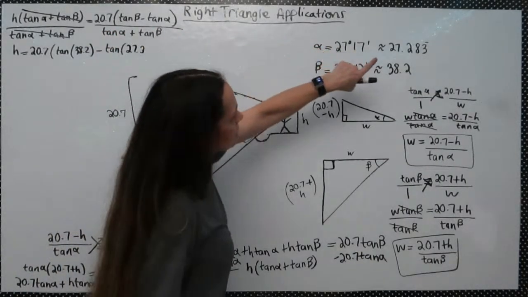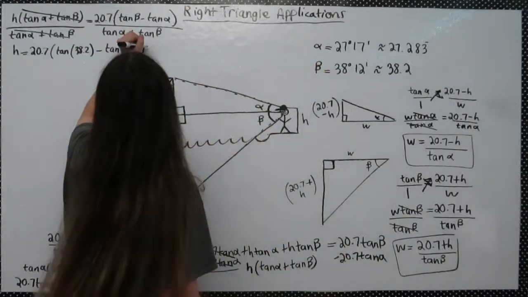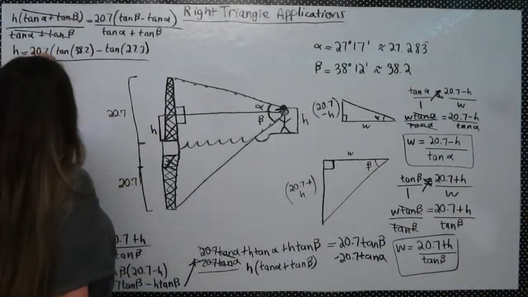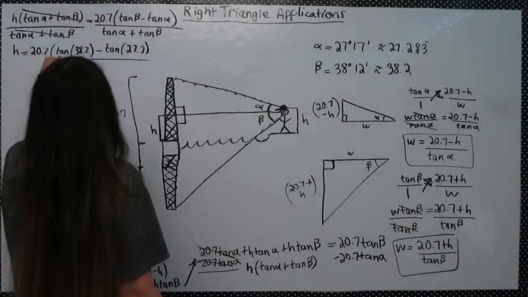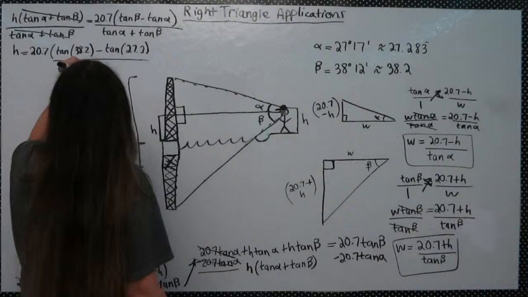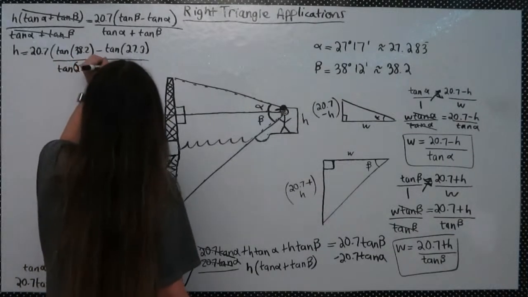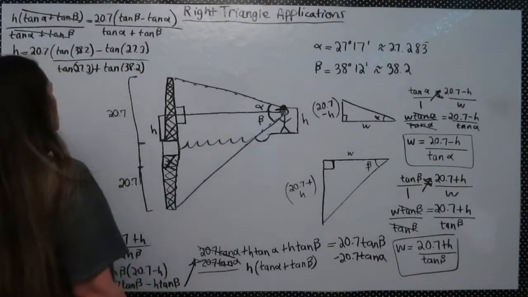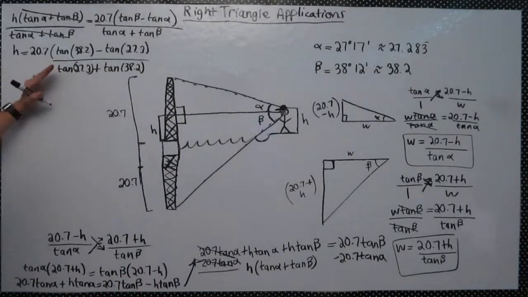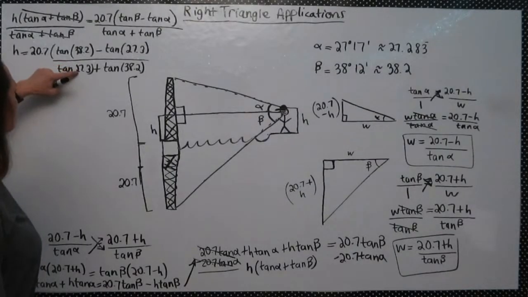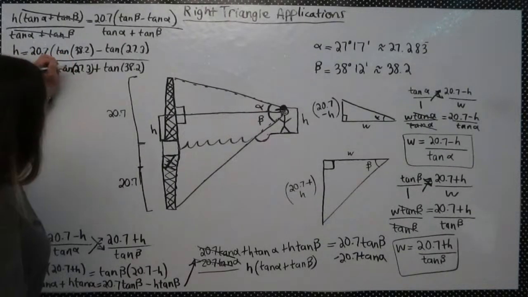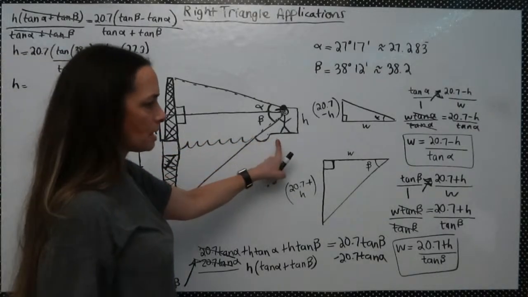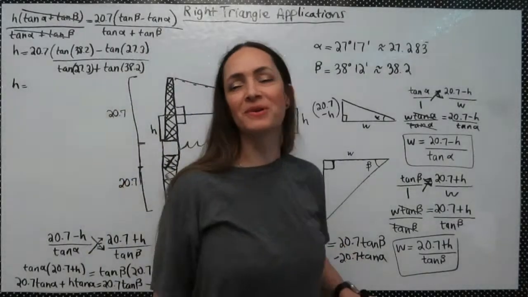I'm just going to abbreviate that one, or round it to the tenth place. And then that's divided by tan of 27.3 plus tan 38.2. And this is what you literally put into the calculator to figure out the height. And what it's giving you is the height of the human being that is viewing the site. Okay, I remember, look at the camera.